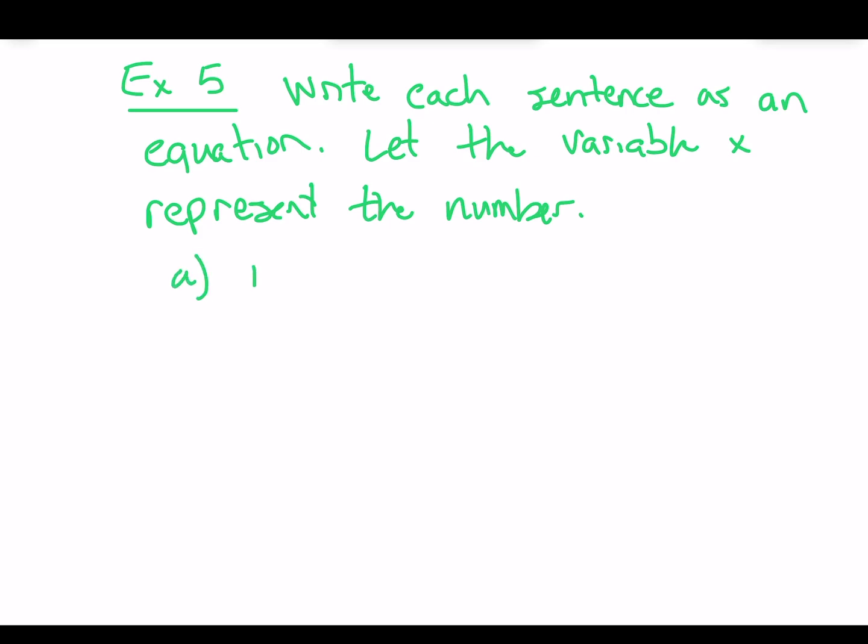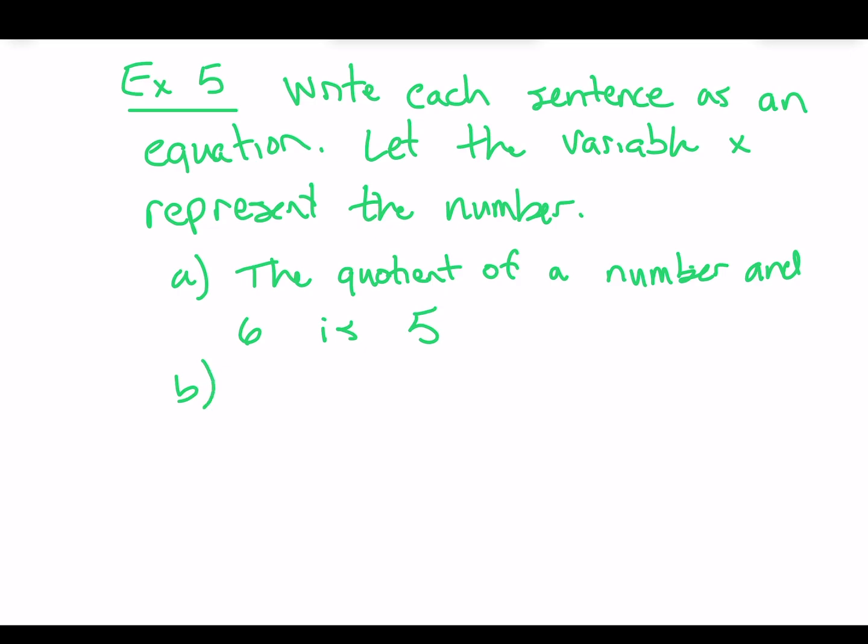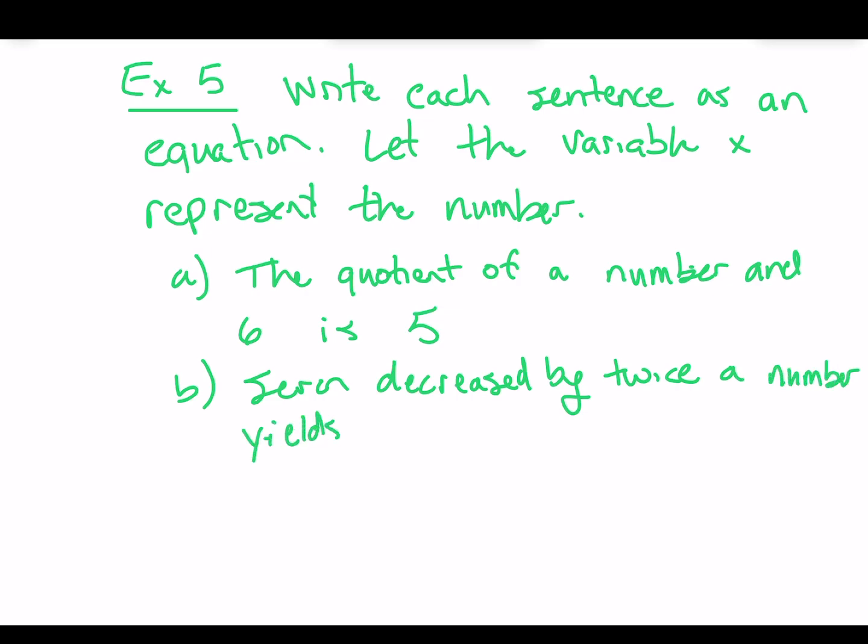For the first one, we have the quotient of a number and 6 is 5. And then the second one is 7 decreased by twice a number yields 1.